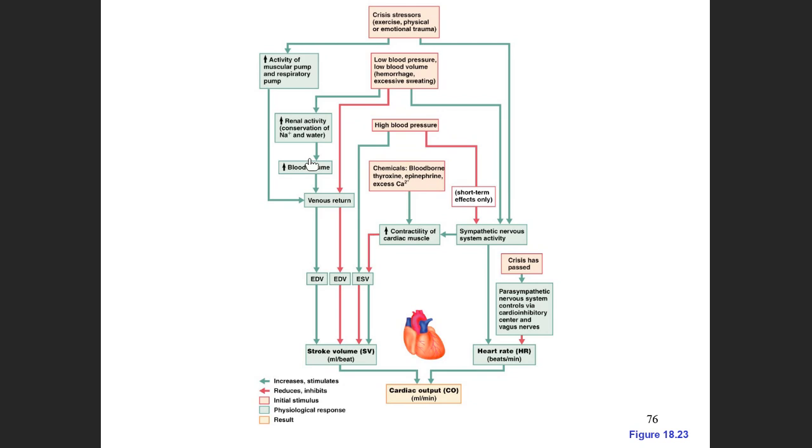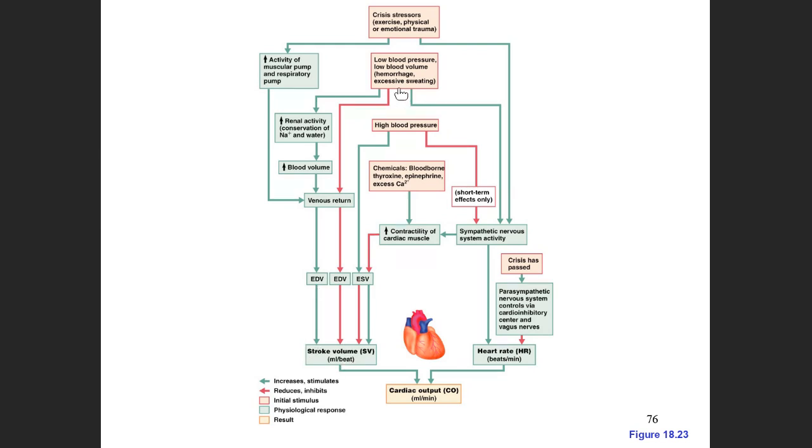Okay, so renal activity will increase. If you have more sodium, more water, the blood volume will increase. Venous return hopefully will increase. Okay, venous return increases, end diastolic volume increases. End diastolic volume increases, stroke volume will increase.